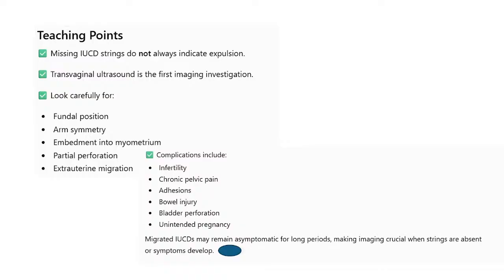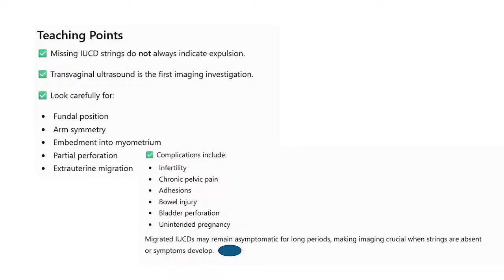Look carefully for fundal position, symmetry, embedment into the myometrium, partial perforation, and extrauterine migration. These are the key points you have to consider when doing a pelvic ultrasound scan to localize an IUCD: fundal position, symmetry, embedment into the myometrium, then partial perforation and extrauterine migration.